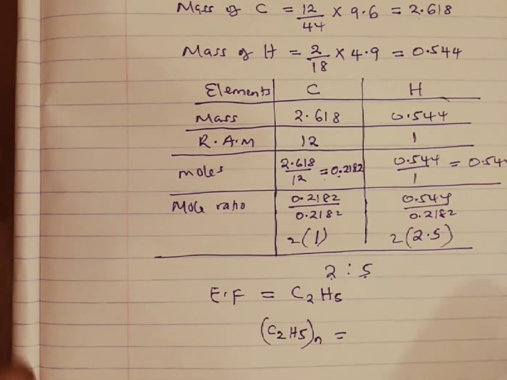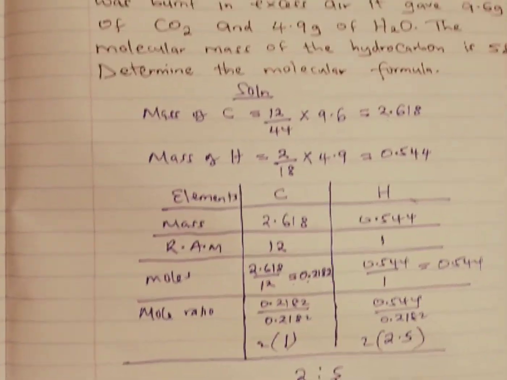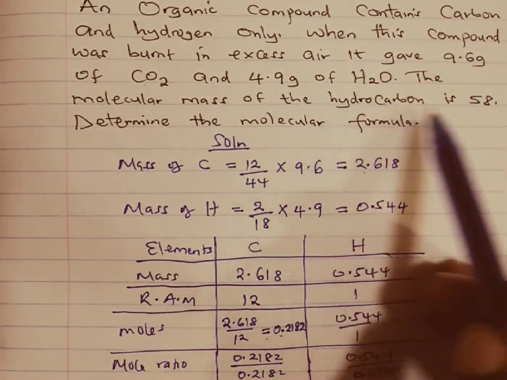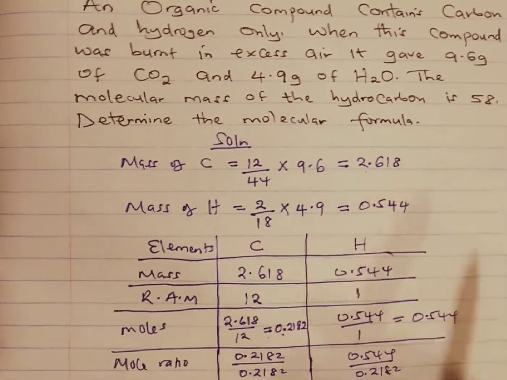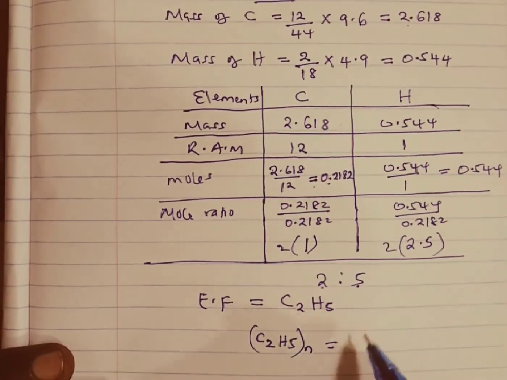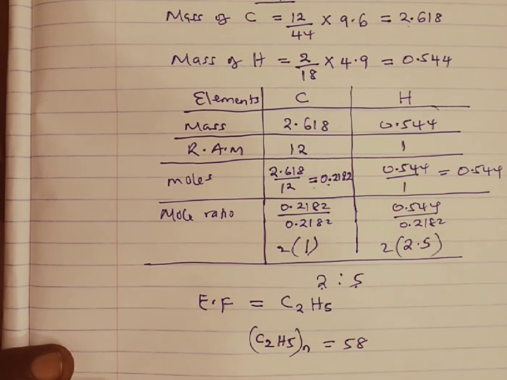This one will be equal to what we call the molecular mass of the hydrocarbon, which has been given to be 58. So this one will be equated to 58.